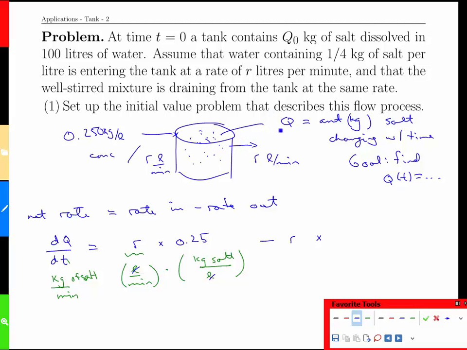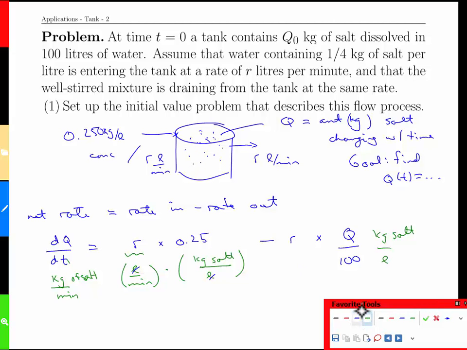Oh wait, that amount of salt, or amount of dirtiness or saltiness, is actually given by Q, but we also need it to be a concentration, so we can get that quite easily by taking Q, which is in kilograms of salt, and dividing that by the 100-liter tank size in the tank that we have mixed the water in.